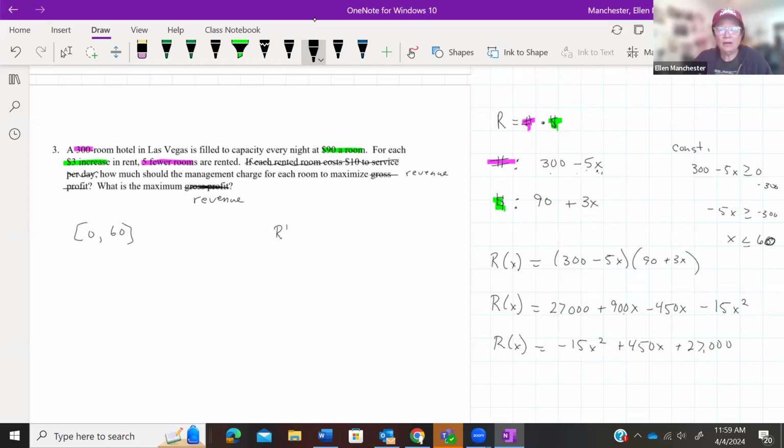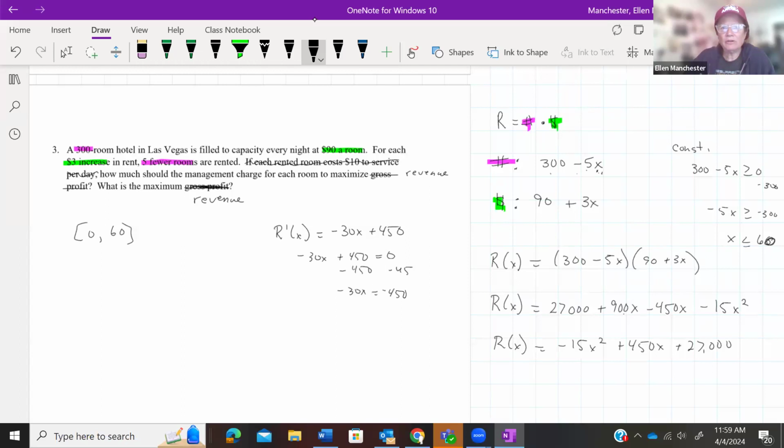Now we can find our critical points. So finding the derivative, we're going to set that to 0 and solve. So we have 50.